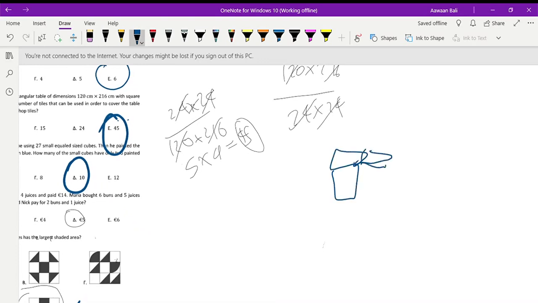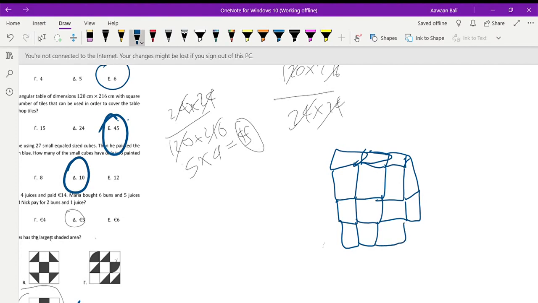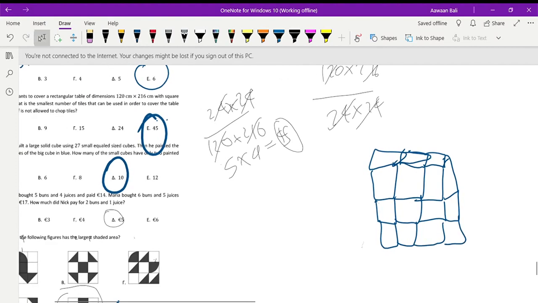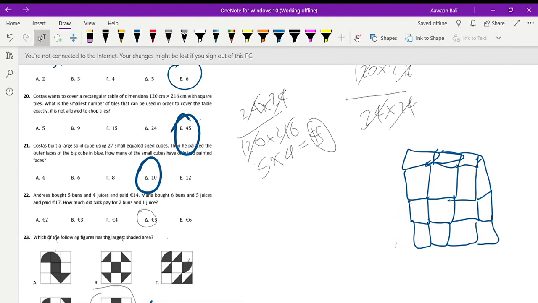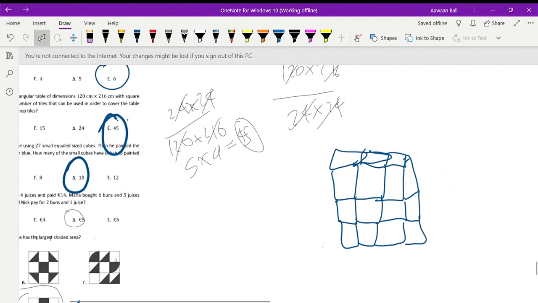When you draw it, it's pretty easy to visualize without a formula. But if there are bigger ones, you have to use formulas instead of imagining. So when we're visualizing it, 2 painted faces is the edges. So we have 1, 2, 3, 1, 2, 3.